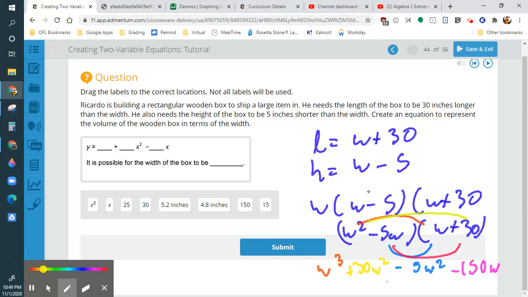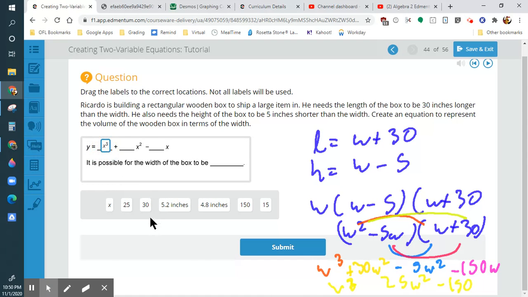So the middle ones are going to combine. I could have done this with box method, but just so you guys get more practice, those middle numbers combine. I'm just going to bring everything down. So this ends up being our equation. So the first one is going to be, oh, and they're using x instead of w.